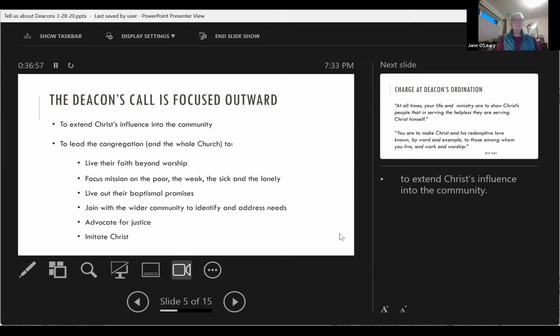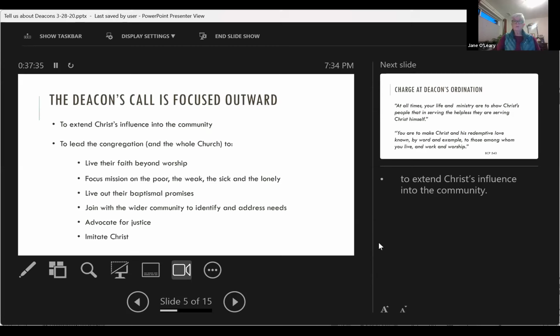Okay, so we've talked about how the deacon's call is focused outwards to extend Christ's influence and Christ's love in the community. The leadership that deacons provide within a congregation and within the whole church is to send people to live their faith beyond their worship, to focus on mission to the poor, the weak, the sick, and the lonely, to live out their baptismal promises, to join with the wider community, to identify and address needs, to advocate for justice, to imitate Christ.